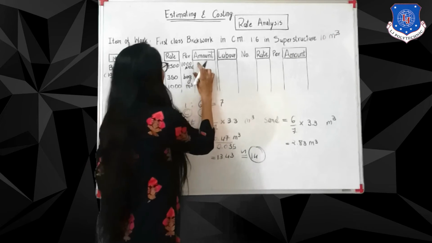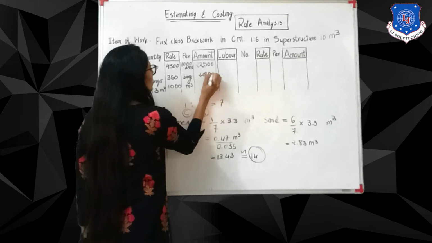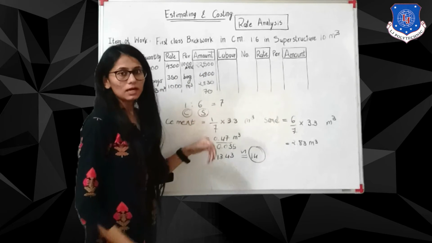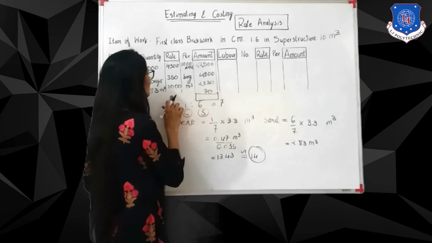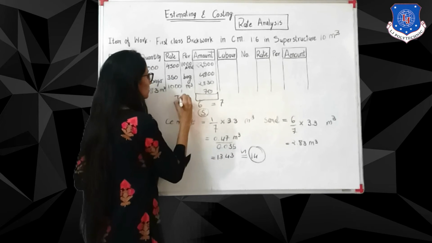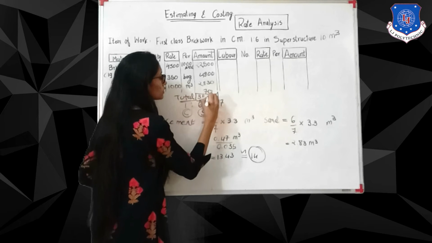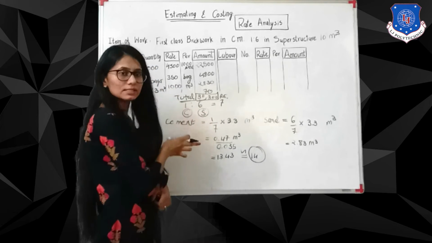So our material quantity is done. The total cost of material will be 30,300 rupees. So one calculation is done.